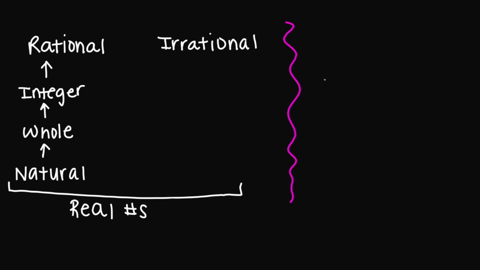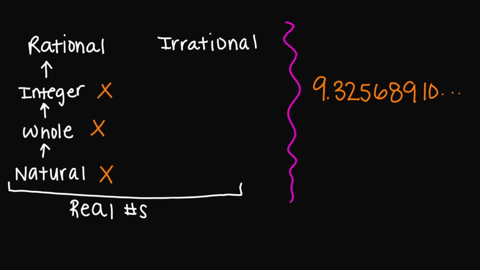What about 9.325689110, and it goes on and on and on. Is 9.325689110 a natural number? No, it is not natural. Is it a whole number? Nope, not a whole number. Is it an integer?